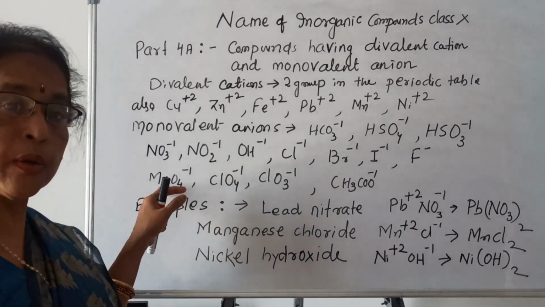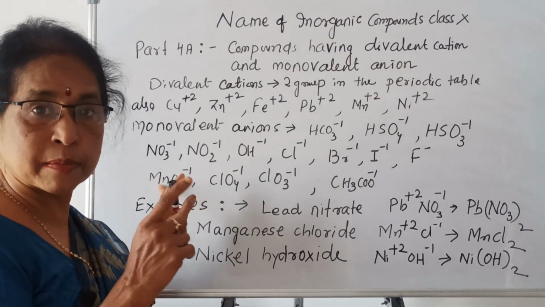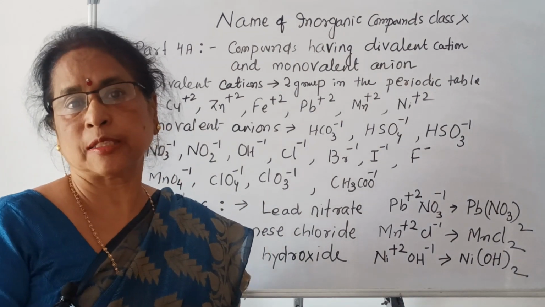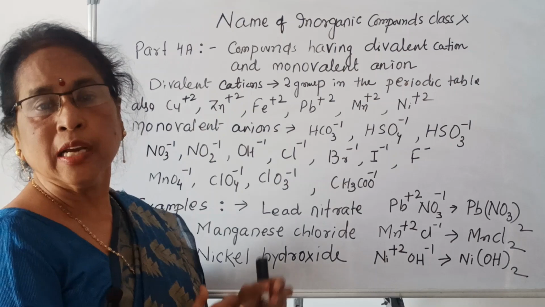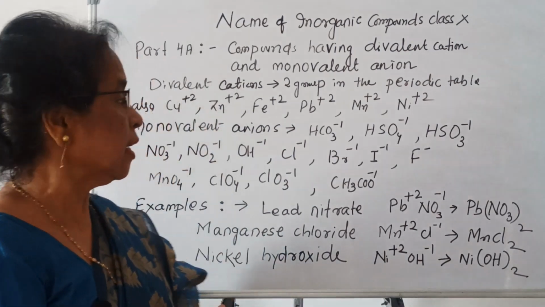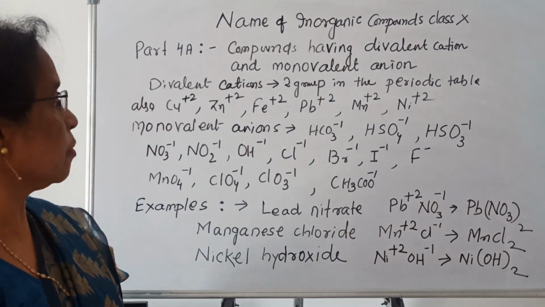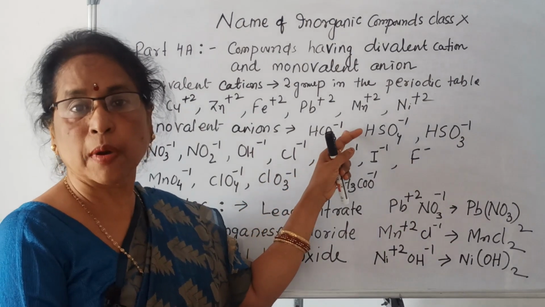And MnO4 minus 1, remember, is permanganate. MnO4 minus 2 is manganate, but that is not required here. Only permanganate is required. You should remember where the charge is minus 1.